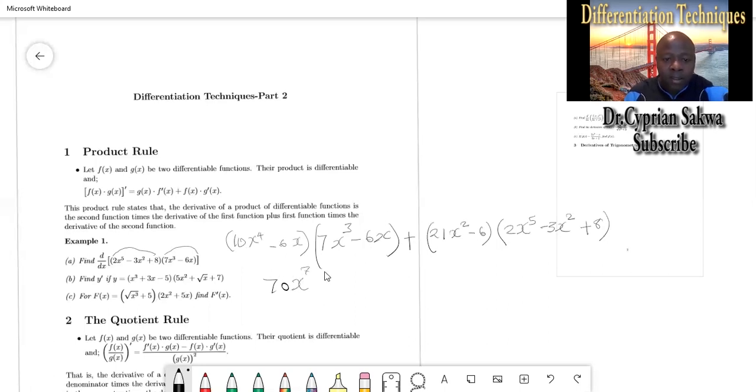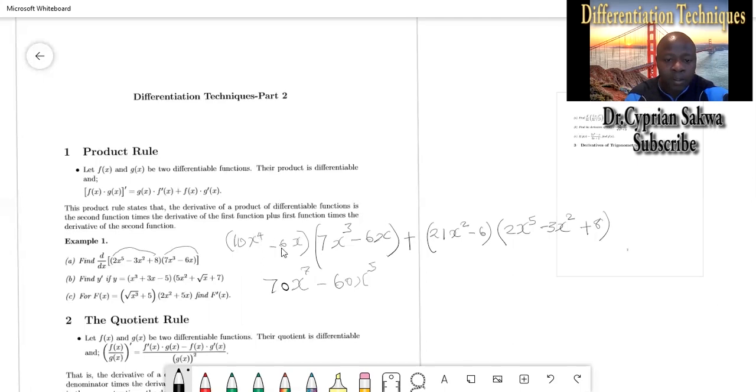And then this one will give us negative 60x raised to 5.